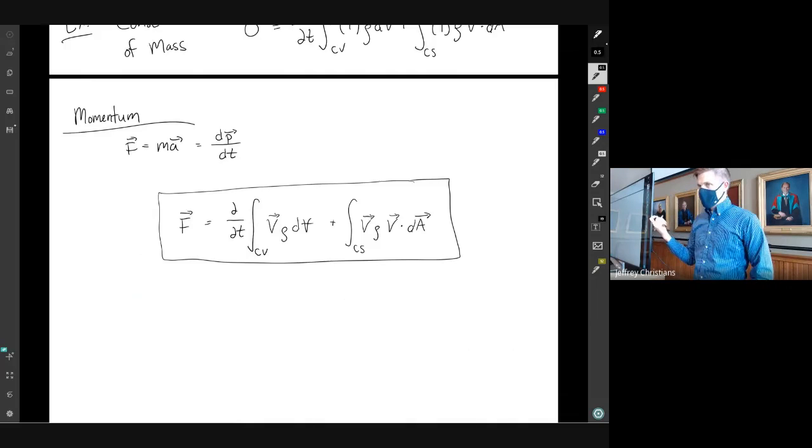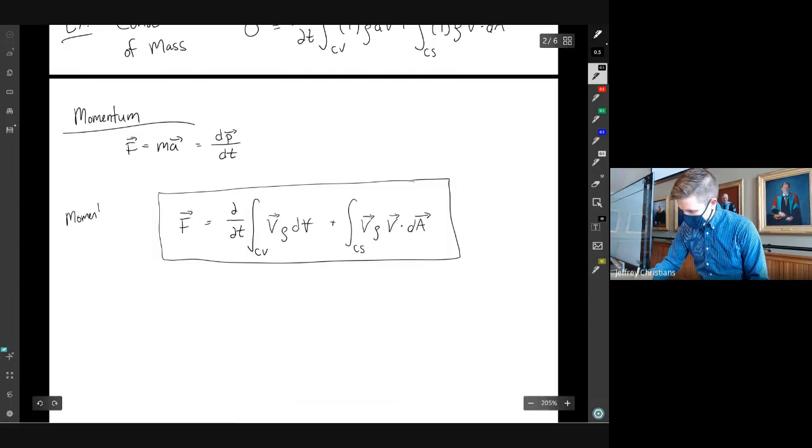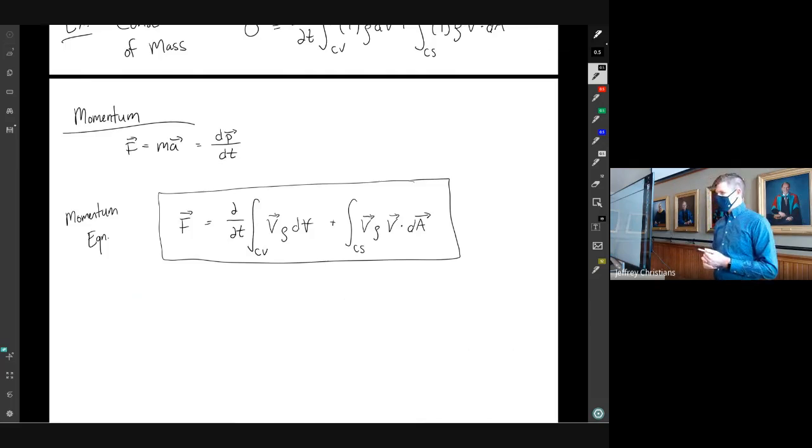This is telling us how conservation of momentum works for a control volume. This is what we would typically call the momentum equation. It's a little bit trickier to deal with than conservation of mass, so we're going to have to be a little bit careful.